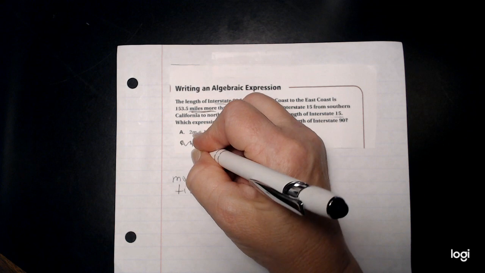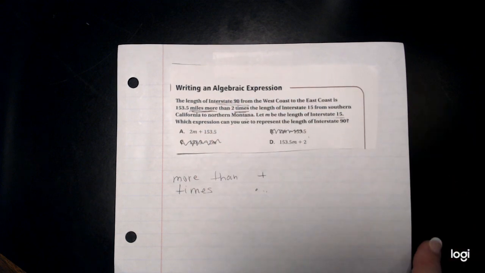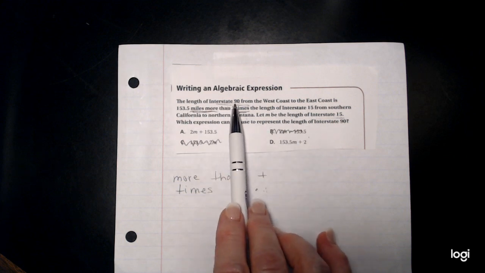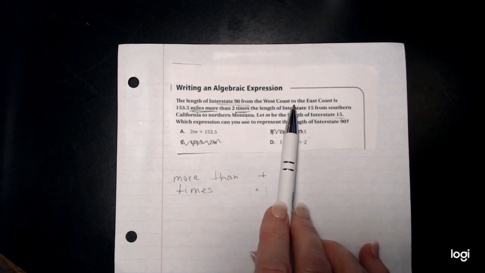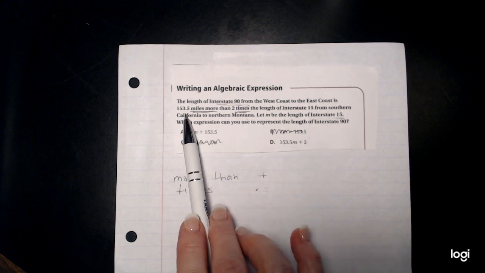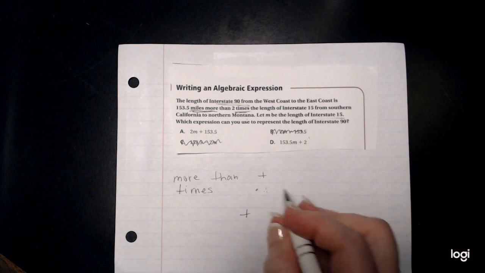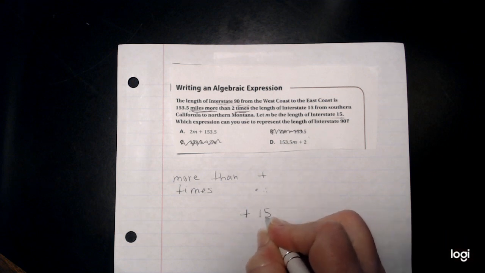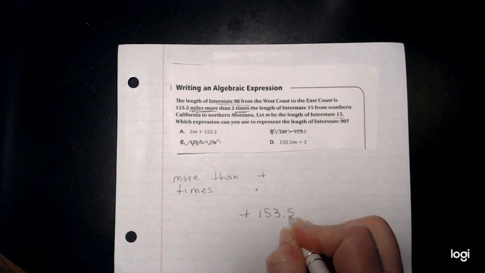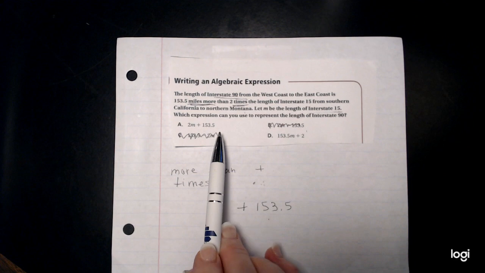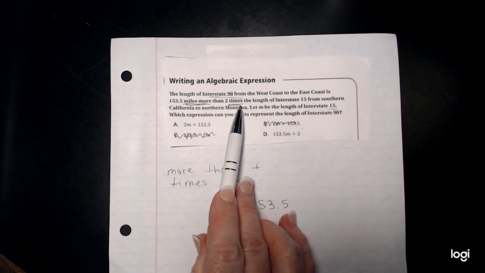Now I'm going to go back and read this one more time. It says the length of Interstate 90 from the west coast to the east coast is 135 miles more. Well, we know that when we do more than, we do something like this, 135 and 5/10 miles more than. So far it's looking like A might be correct. Let's see. More than 2 times, oh, this one doesn't even have 2 times anything.